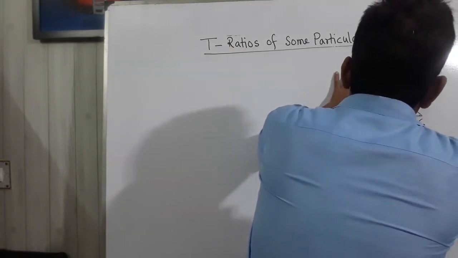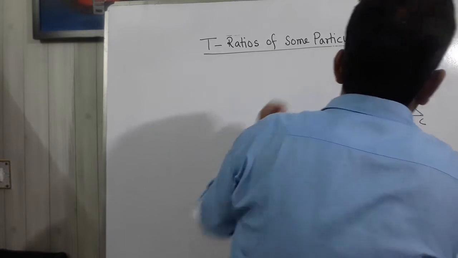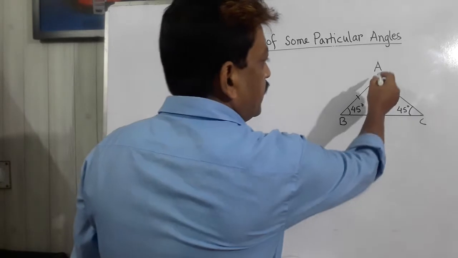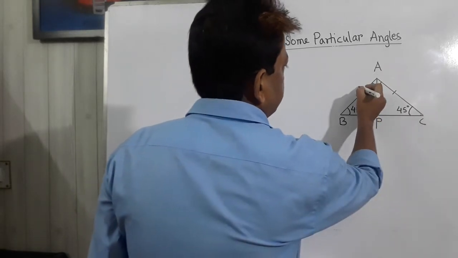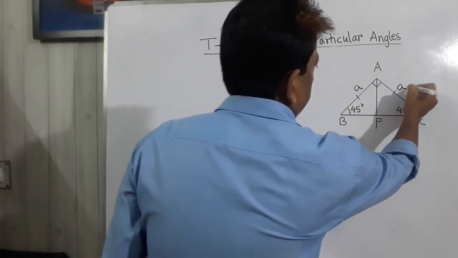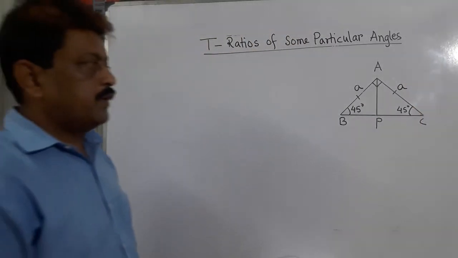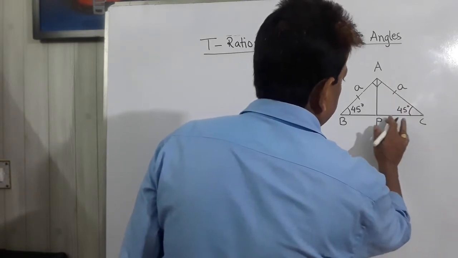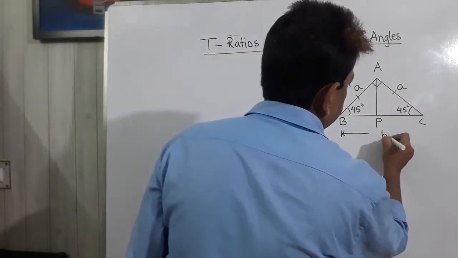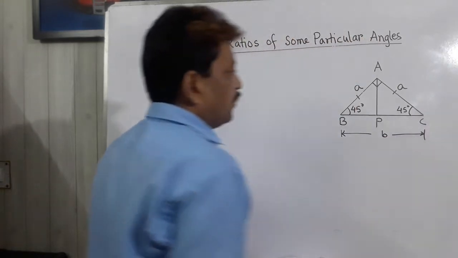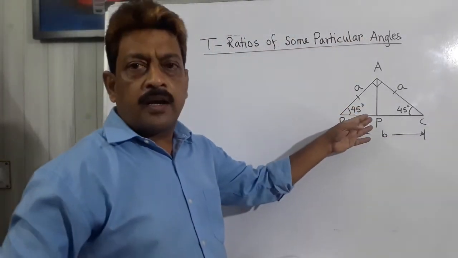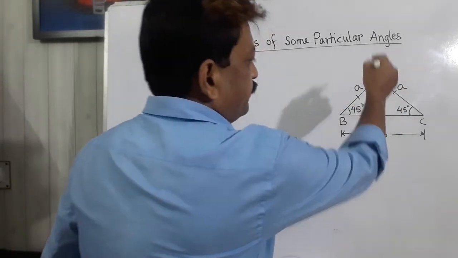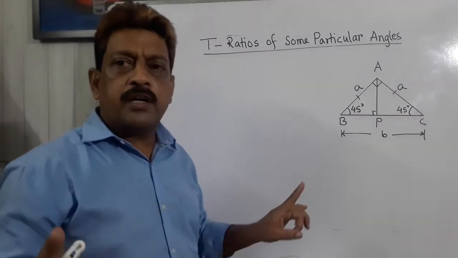Now an altitude should be drawn. So this is altitude AP. Let me take the length of each equal side as A, and the total length of the base as B. Now in case of an isosceles triangle, if we draw the altitude, here AP, then the base is divided into two equal parts.